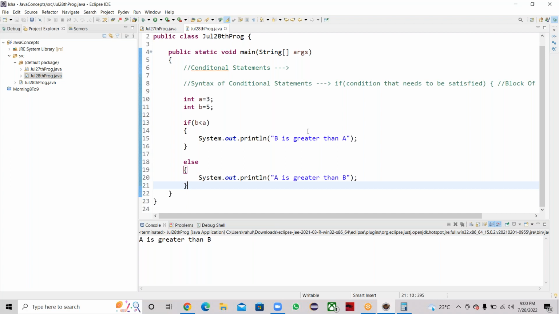Some people will say 5 is greater than 3 by default. Clear?